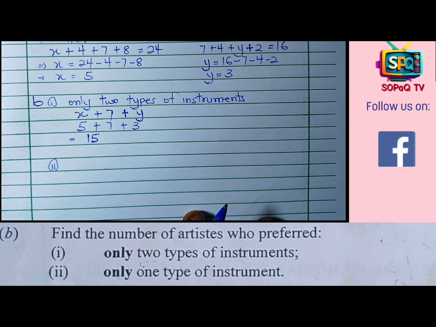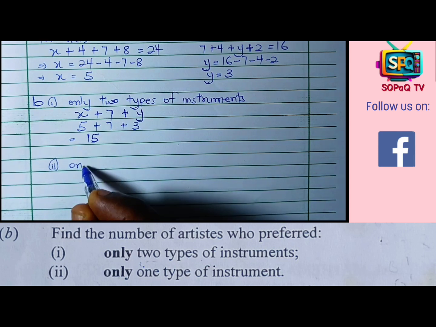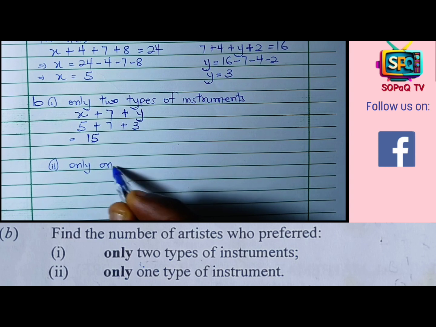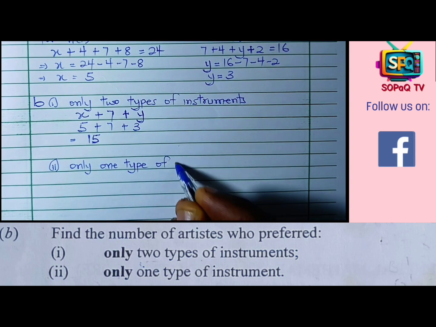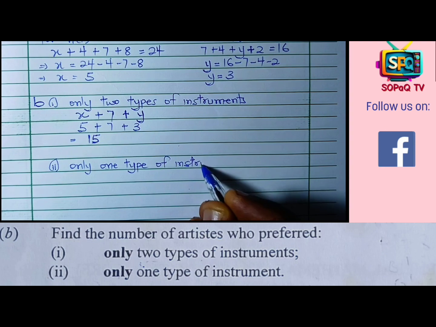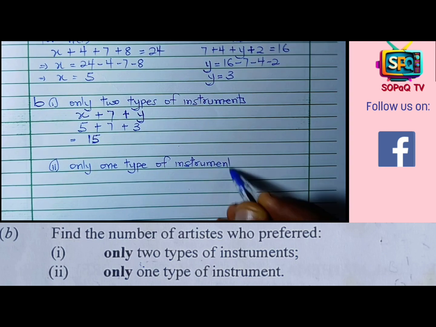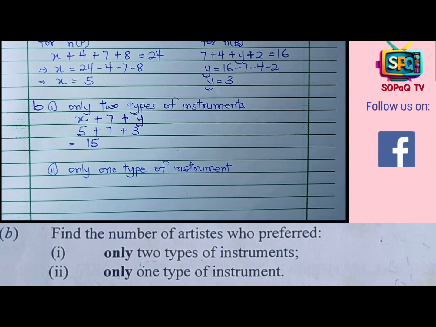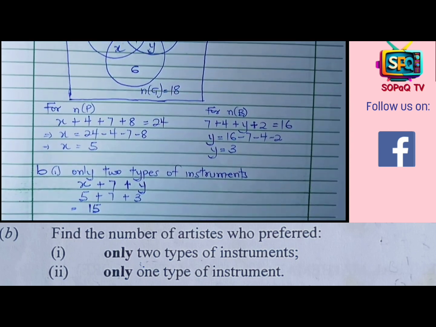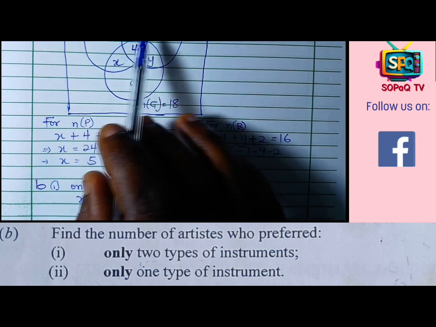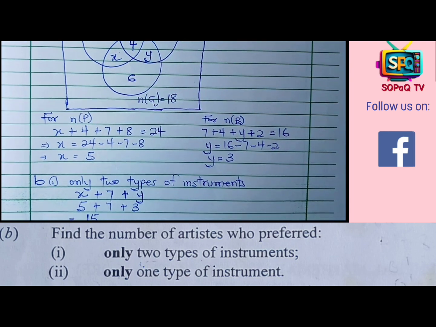II says only one type of instrument. And only one type has to do with our 8, 2, and then 6.